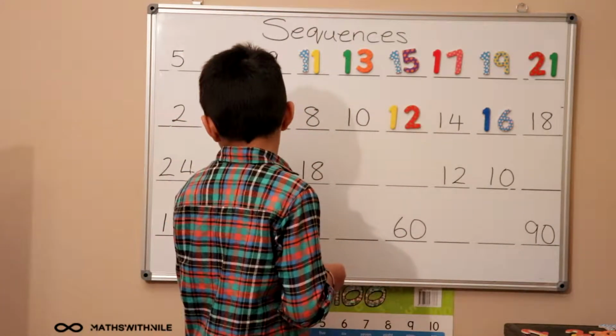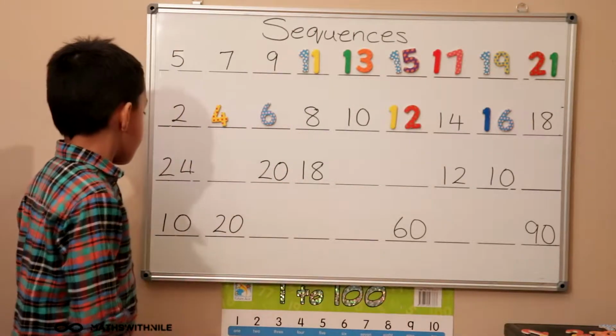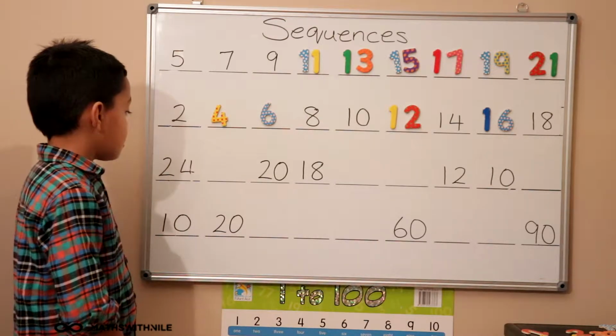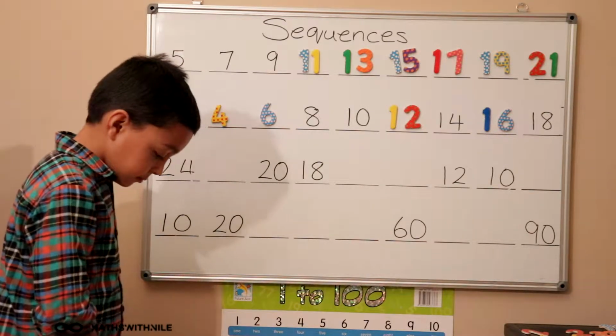So how's that going to help you with the answer? We're taking away 2. So you said 4 take away 2 is 2.